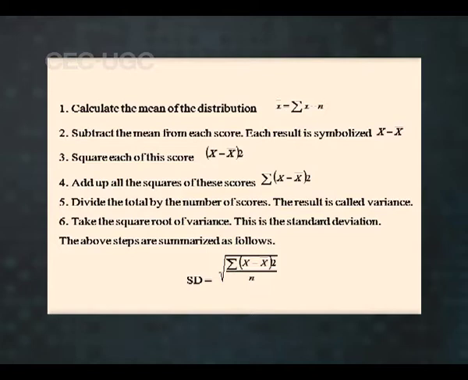Add up all of these squares, sigma x minus x bar the whole square. Divide the total by the number of scores. The result is called variance. Take the square root of variance. This is the standard deviation. The above steps are summarized as follows. SD is equal to root of sigma x minus x bar the whole square divided by n.